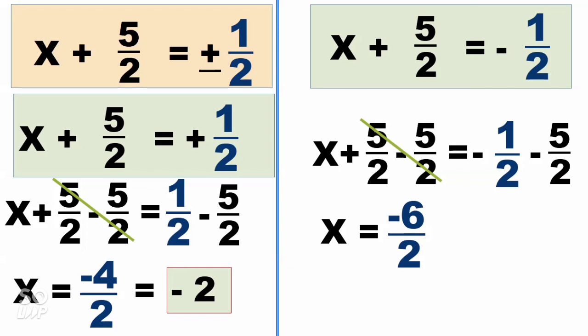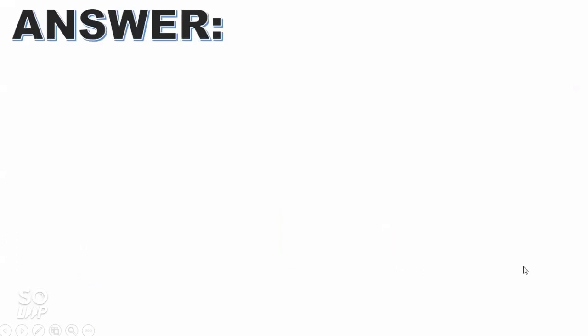Sa rule ng addition ng integers, pag same sign, ina-add natin yung numbers and then kinakopy yung common sign, which is negative. So, 1 plus 5 equals 6. Now, x equals negative 6 over 2. Simplify natin, negative 6 divided by 2, the answer is negative 3. So, ito yung pangalawang value ng x. Again, we have two values of x: negative 3 and negative 2.